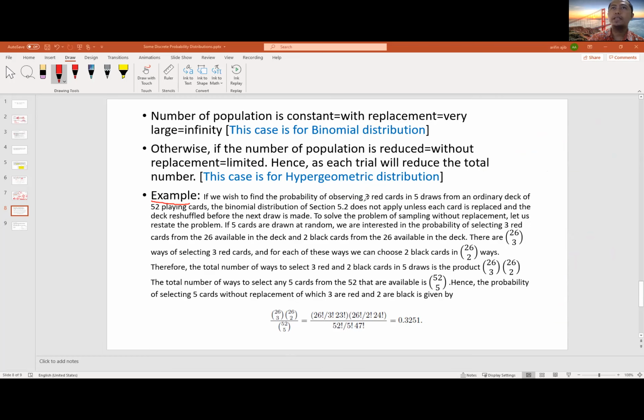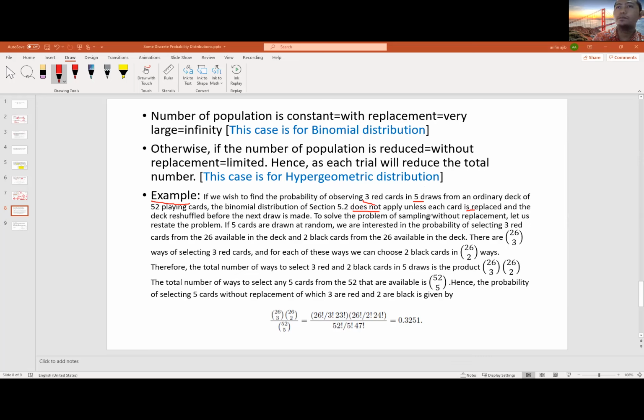If we wish to find the probability of observing 3 red cards in 5 draws, from an ordinary deck of 52 playing cards, the binomial distribution in section 5 does not apply unless each card is replaced before the next draw is made.